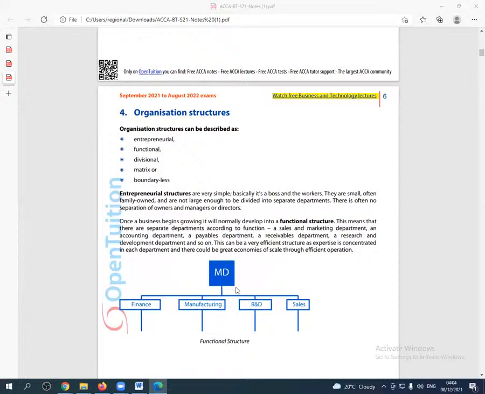So this is what we call a functional structure, ladies and gentlemen, where we segment our organization into departments in accordance to the major functions of the firm. That's quite critical for my today's lesson.